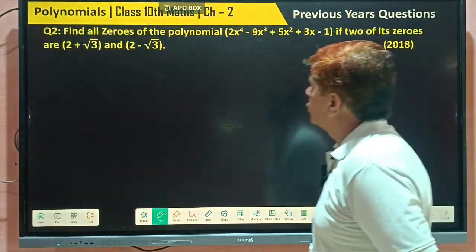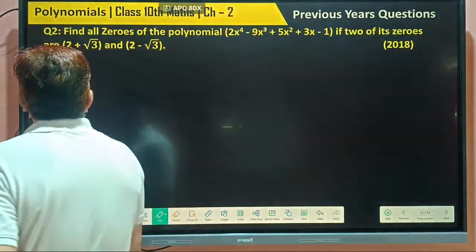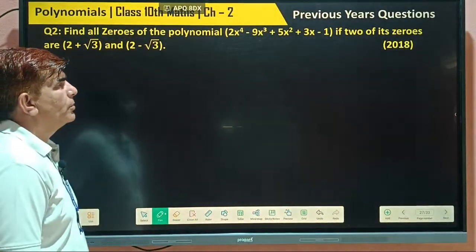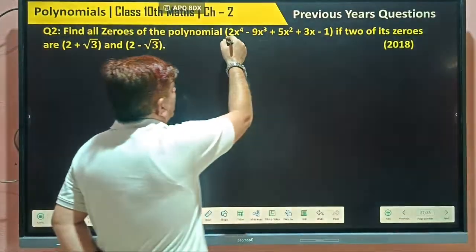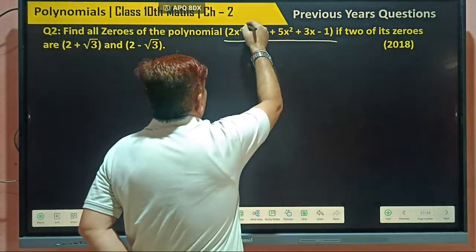Then find the zeros of the polynomial. Which polynomial? It is biquadratic, its highest degree is 4.